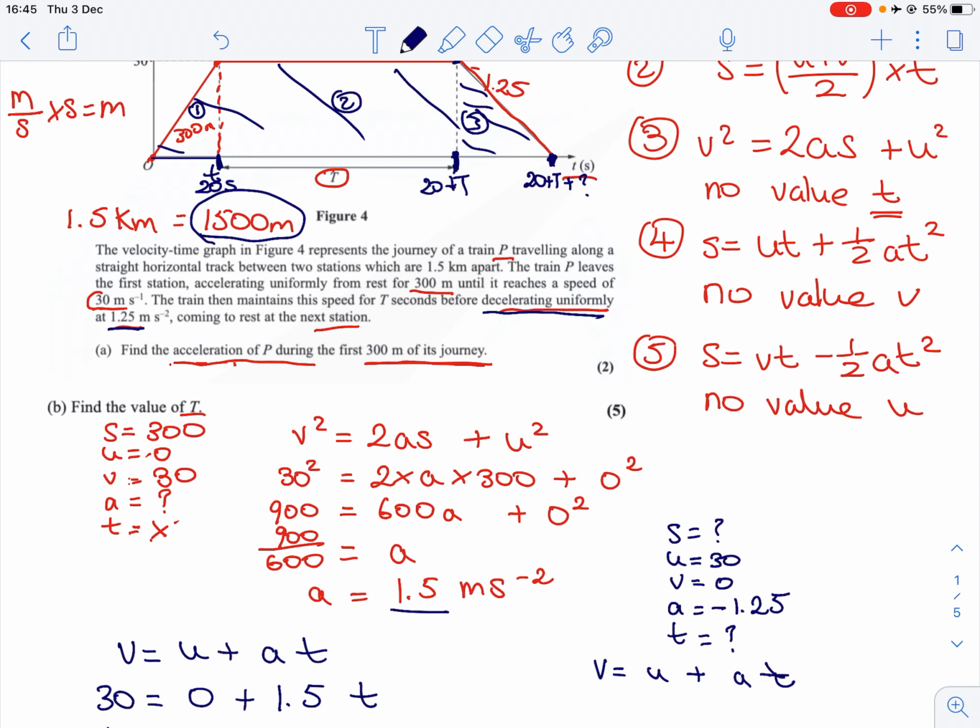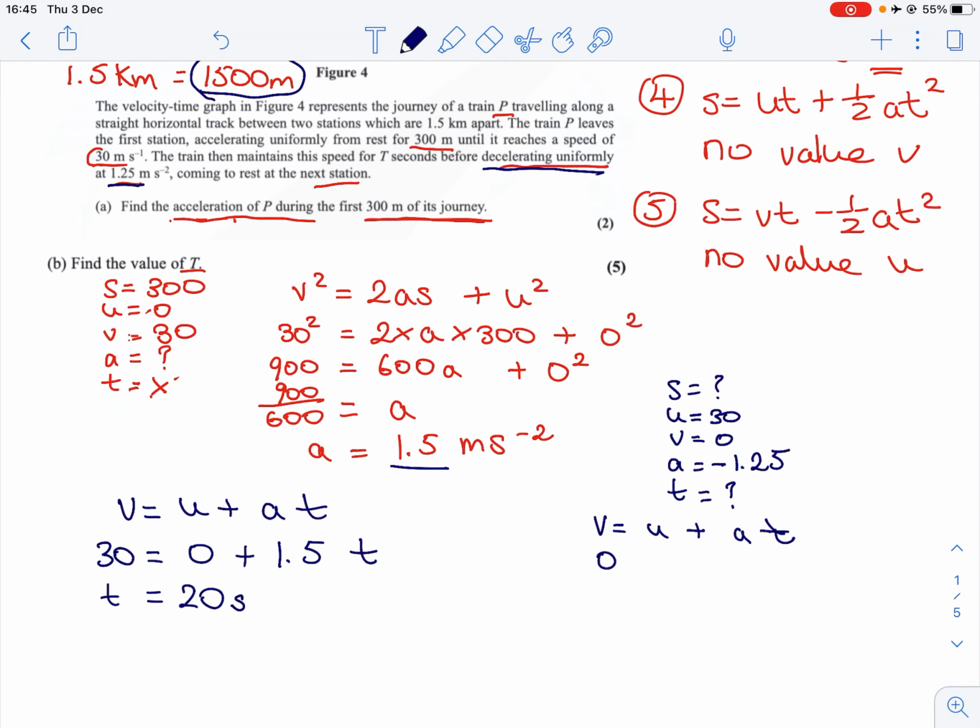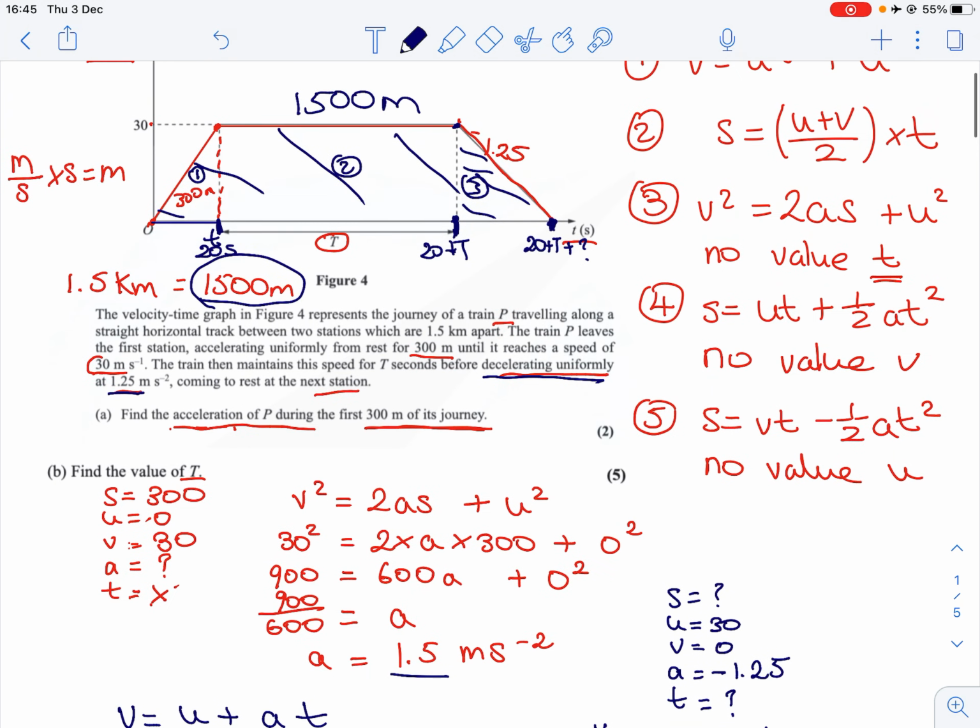So v is 0, u is 30, we have a is minus 1.25, t. So we can rearrange our equation to find out t. So t is going to be equal to 24 seconds. So we know at here is 20 plus t plus 24. So we know the times taken.